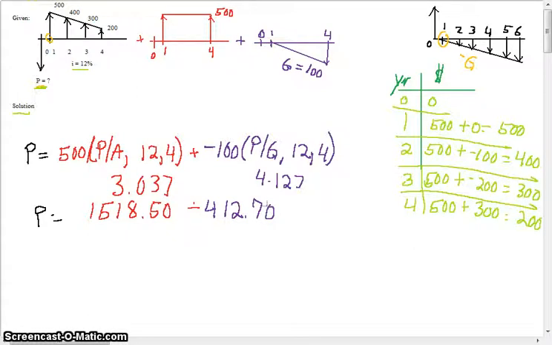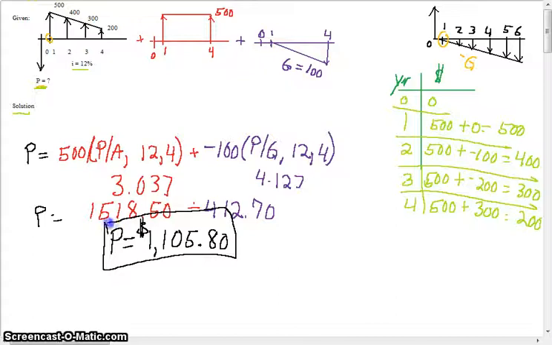And our final value will equal, P will equal $1,105.80 is our final value. Okay, so that's how negative gradients work.